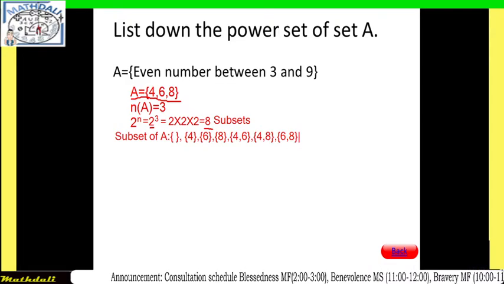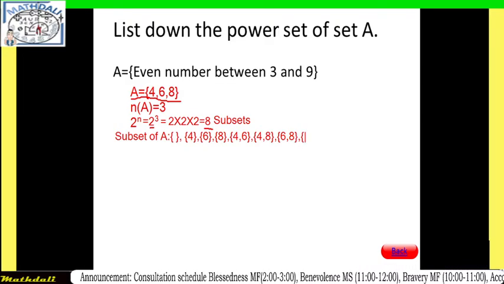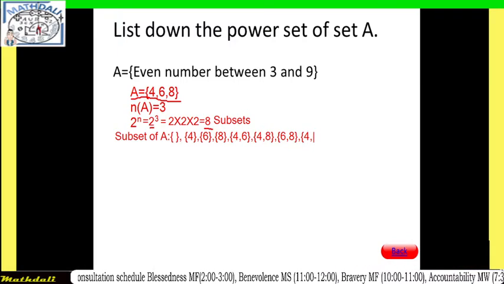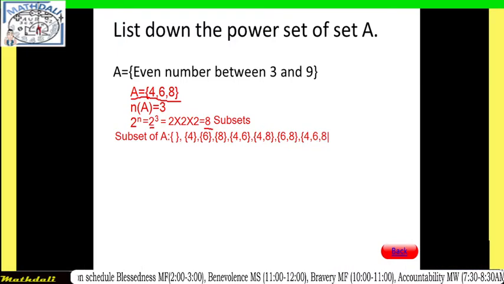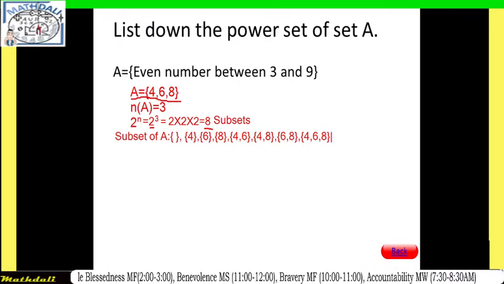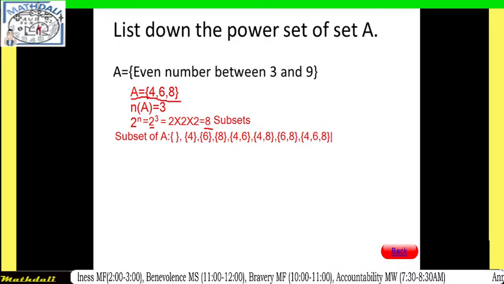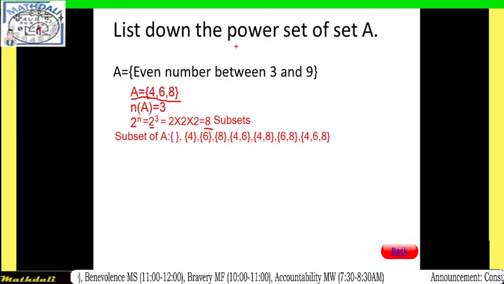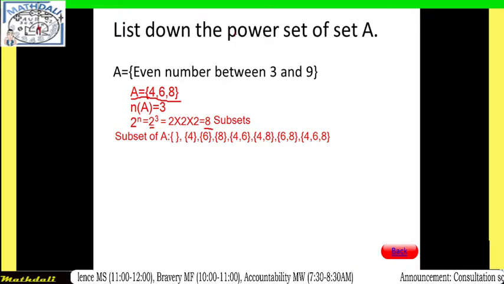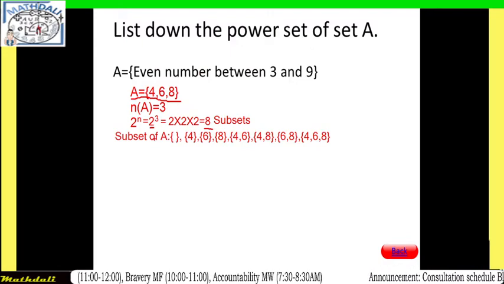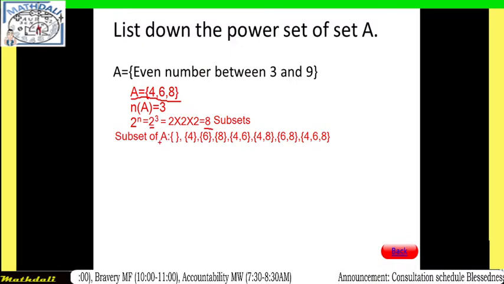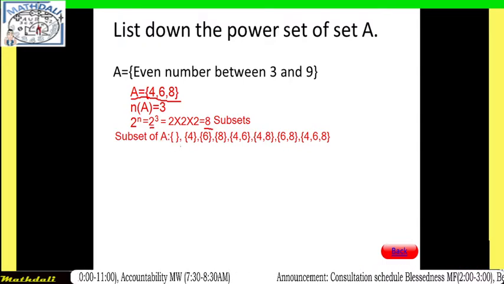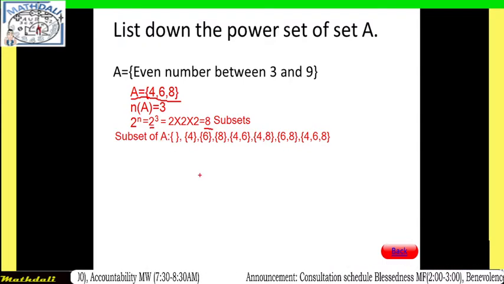Lastly, we have the set itself: 4, 6, and 8. Those are the subsets of this given set. And if we're going to list down the power set of set A, all you have to do is write or use these subsets as the elements.